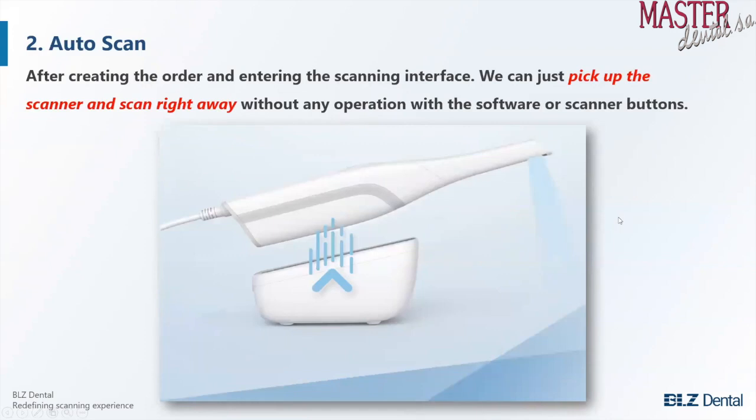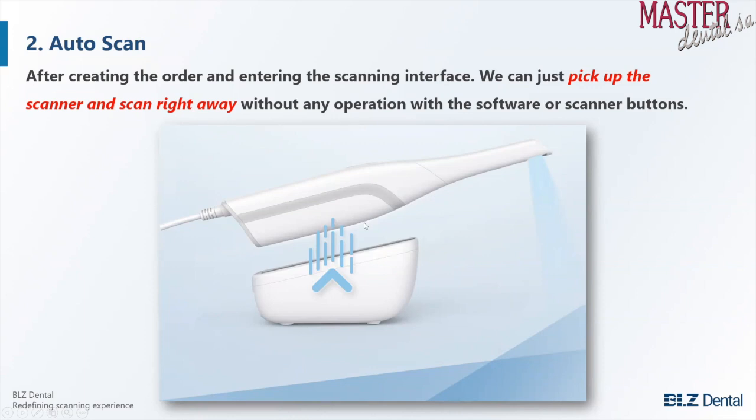And the second new upgrade is about the auto scan function. You may be very curious about what is auto scan. Auto scan means you can just pick up the scanner and scan right away without any operation with the software or the scanner buttons.